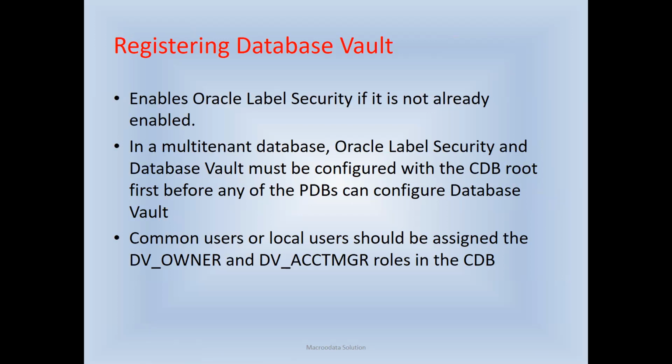There are two main roles which you have to see: one is DV owner and one is DV account manager. These are the roles which we will be granting to the users that we are going to create.